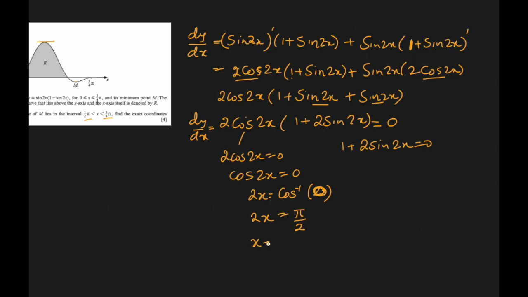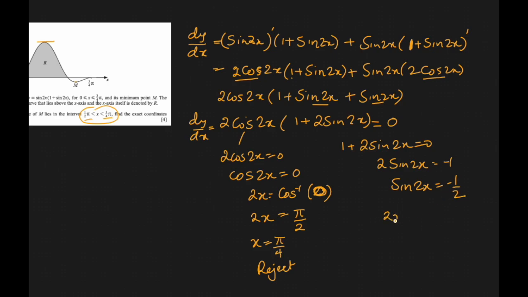So x will be pi by 4, which is less than the domain they have given us. So we will reject this answer. This is not our answer. Now this one, 2 sin 2x equal to -1, so sin 2x is equal to -1 over 2.